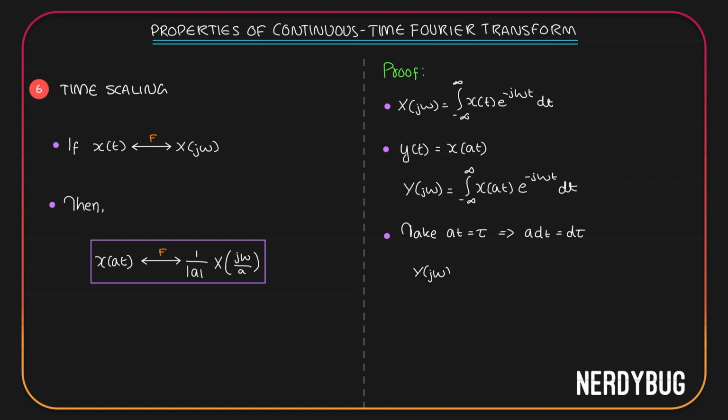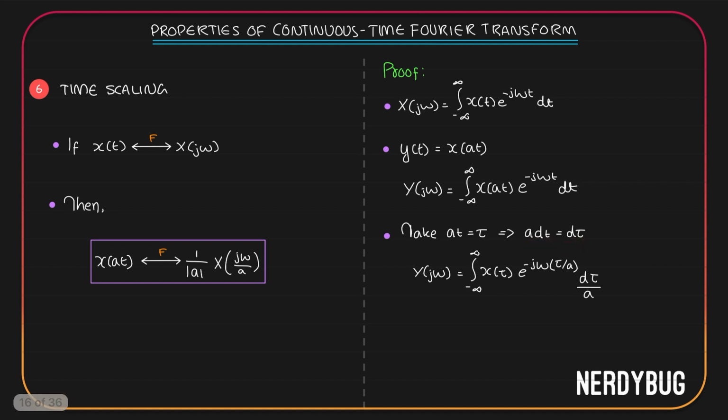So Y of j omega becomes this: integral from minus infinity to infinity x of at becomes x of tau, e raised to minus j omega. t is tau by a, so tau by a. dt is d tau divided by a.